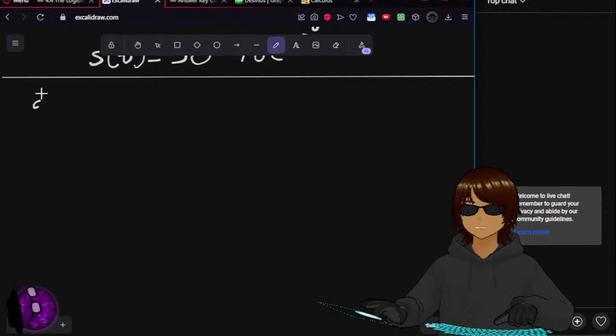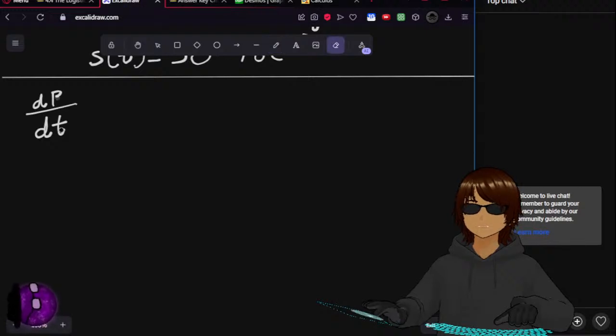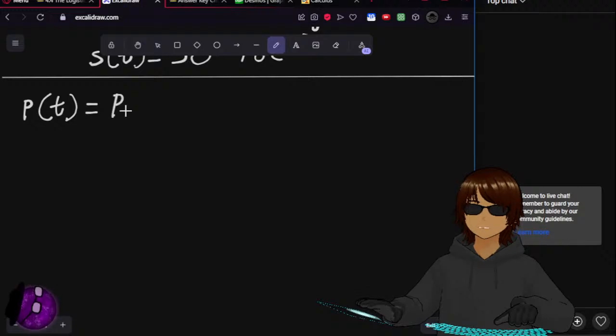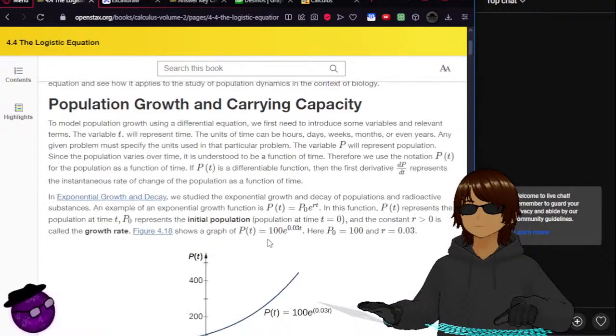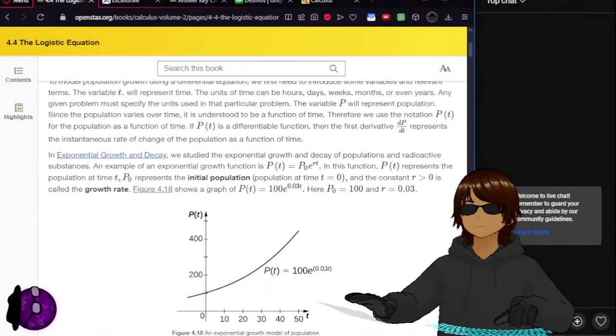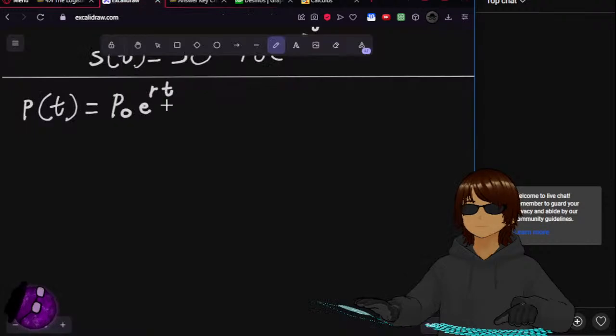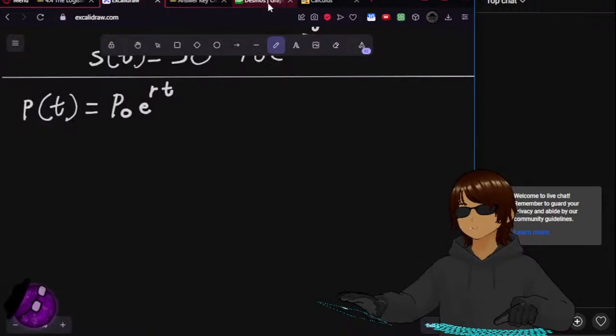So normally, like for exponential growth, we don't add plus C, right? So for example, P0 e to the power of... this is how they wrote it. This is how the simple one is. R is the growth rate.